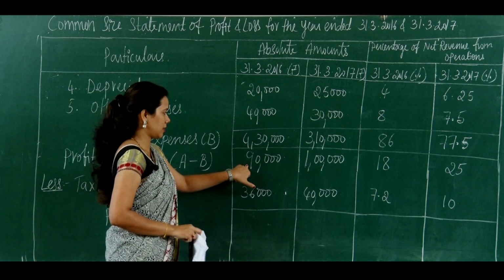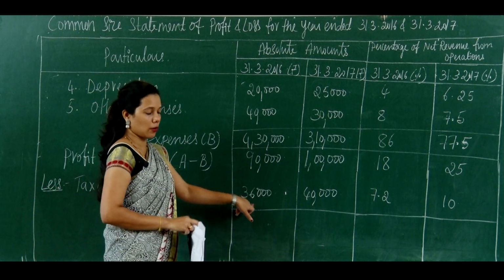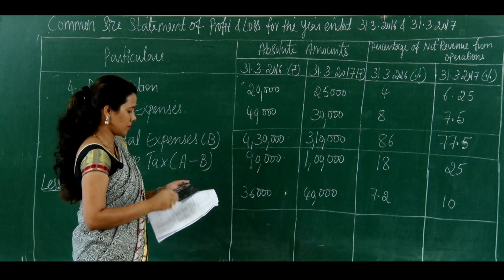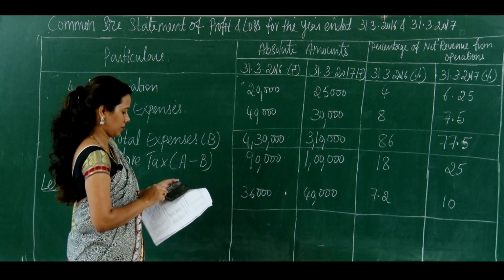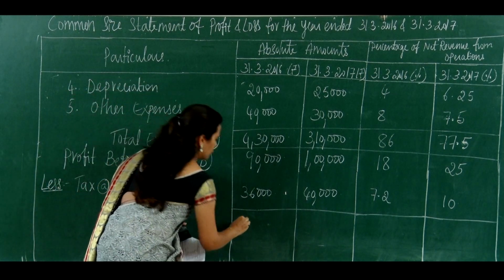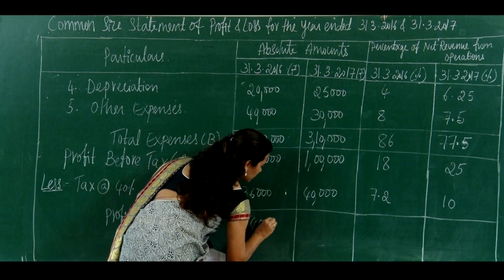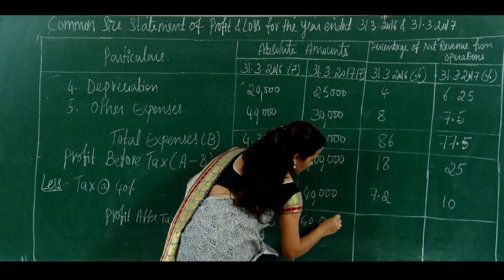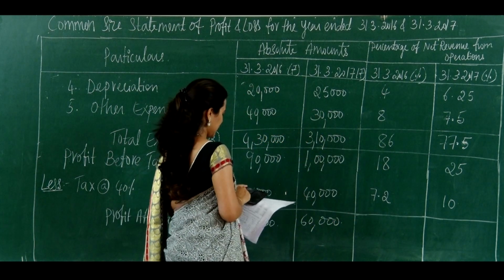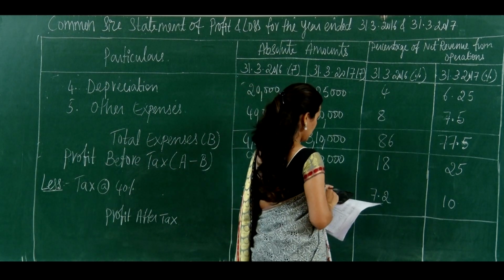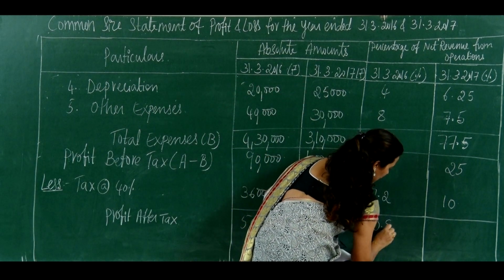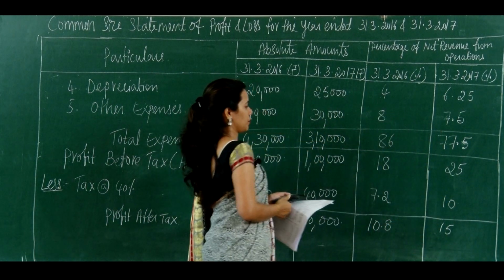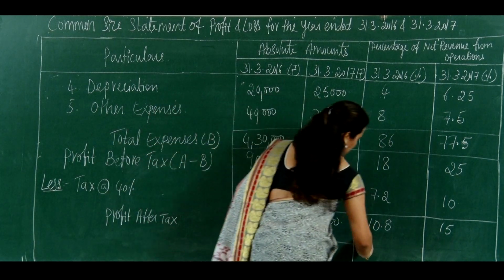So, before tax 90,000 minus 36,000, that is 54,000, then 1 lakh minus 40,000, 60,000. Here also you can do 18 minus 7.2, 10.8 percentage, and here it is 15 percentage. So, this is your final answer.